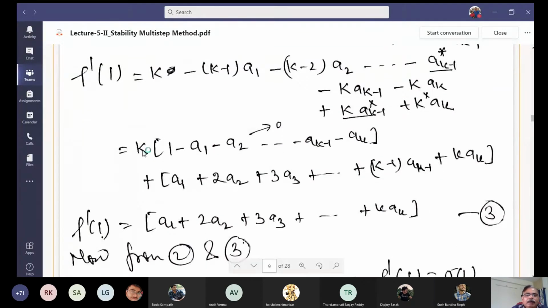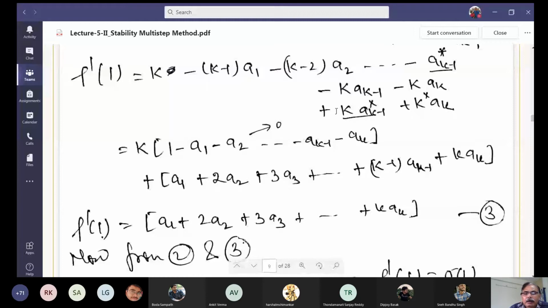So we'll take this k out. Here it will be 1 minus a1, that is your k into your a1, and then here it is minus, and minus 1, that will be your plus a1. Here my plus 2a2. So this I have written separately, a1 plus 2a2. Next one will be 3a3. So that is written here, a1, 2a2, 3a3, and so on, k minus 1, ak minus 1 plus k ak, which is already added here, right?